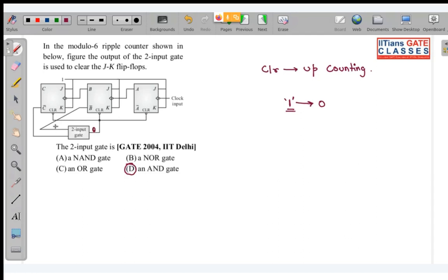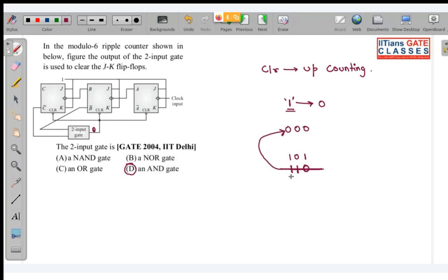If over here this is a NAND gate, then this is modulo 6. Modulo 6 up counter means the state 110 shouldn't be counted when you are going from 000 to 101. The moment you get that state, the counting state should go back to 000.